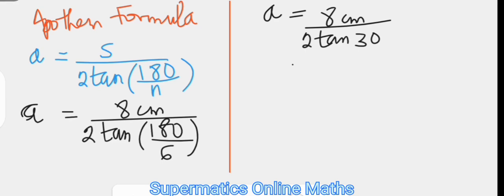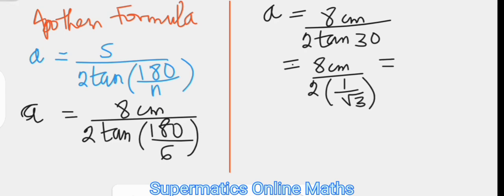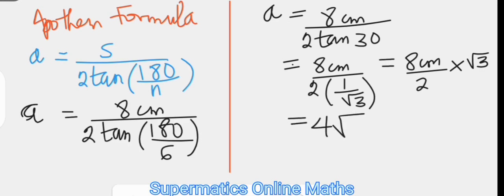And tan 30 is 1 over root 3. So we have 8 centimeters divided by 2 times 1 over root 3. And that gives 8 centimeters over 2 times root 3, which is going to give us 4 root 3 centimeters as the length of the apothem.